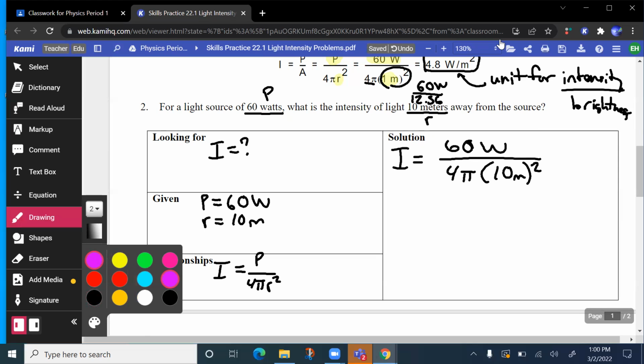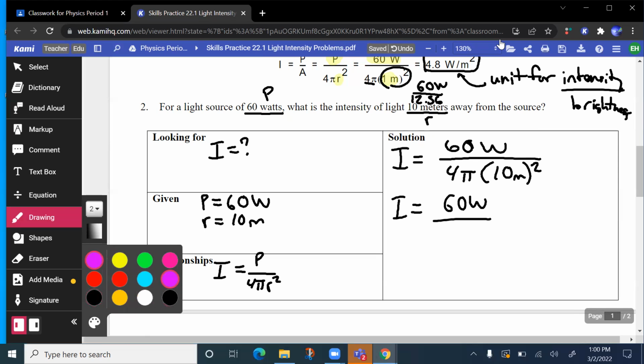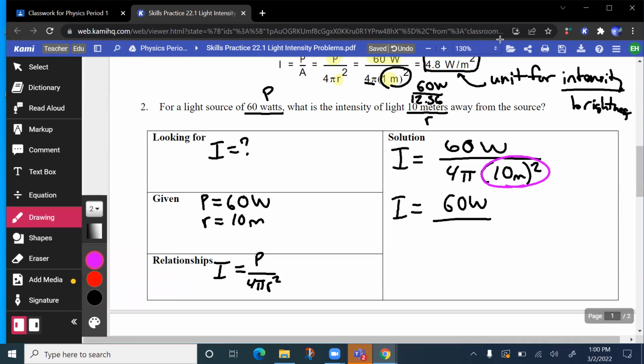Now, to complete this calculation, it would be best if you calculate the bottom part first. Start with 10 squared, then multiply it times pi, then multiply it times 4. Take care of the bottom part first. 10 squared is 100, and then multiply 100 times 4 pi.